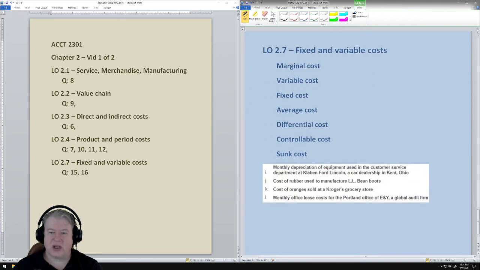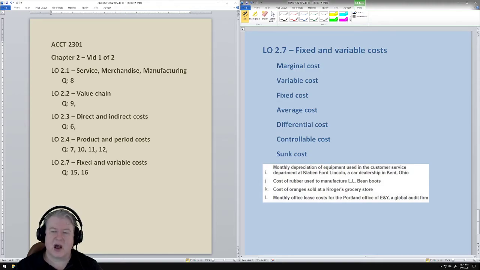Okay. Our last one here is just another definition. So we already looked at direct and indirect cost, product and period cost. And this is setting us up for the next several chapters to where we're going to be using these various terms to help us make decisions. Fixed and variable cost. So you can find some of the definitions of these, and I'll go over them a little bit.